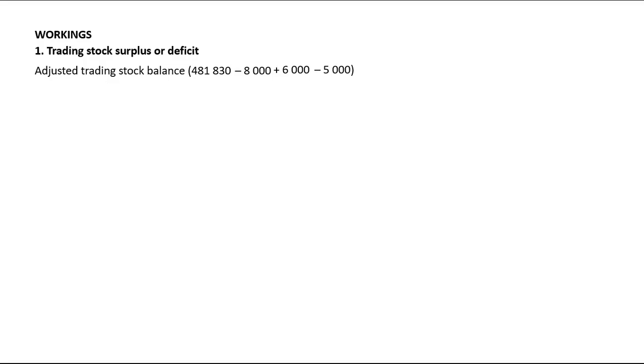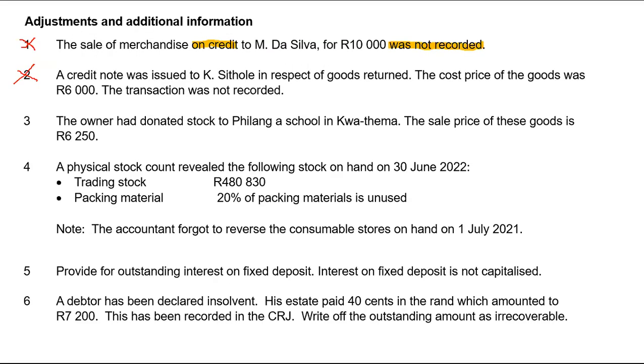That was adjustment 3. Okay. Problem 3 eliminated. So when you see anything that looks like adjustment 1, you know how to deal with it. When you see anything that looks like adjustment 2, you know how to deal with it. When you see anything that looks like adjustment 3, you know how to deal with it.